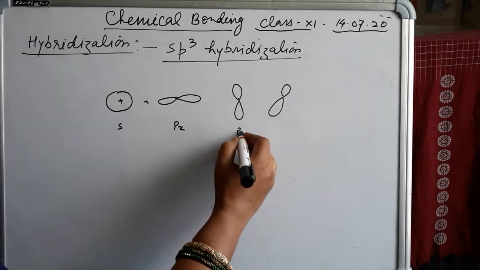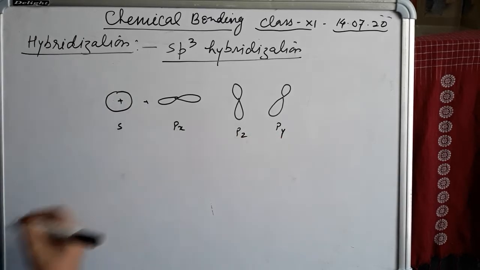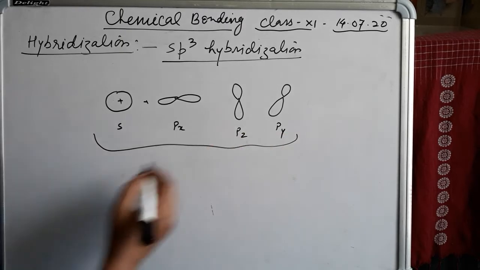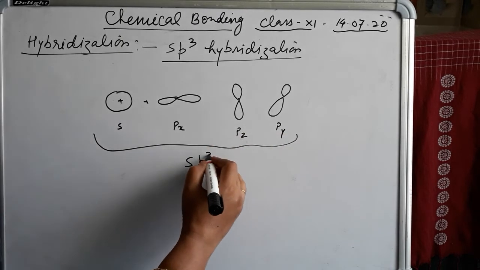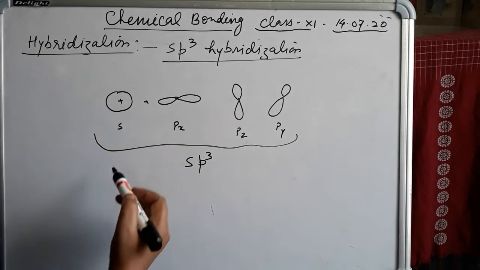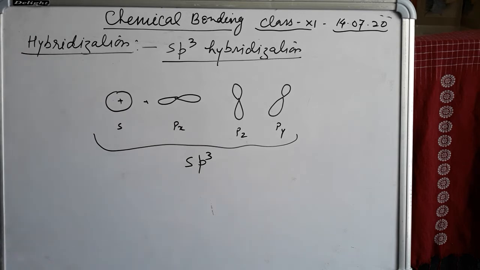Suppose this is px, this is pz and this is py. So when 3 p orbitals mix with the s orbital, the intermixing of 1s and 3p orbitals forms sp3 hybridization.